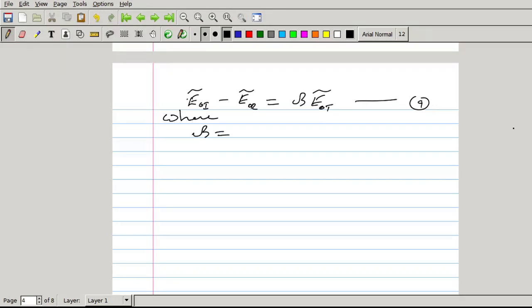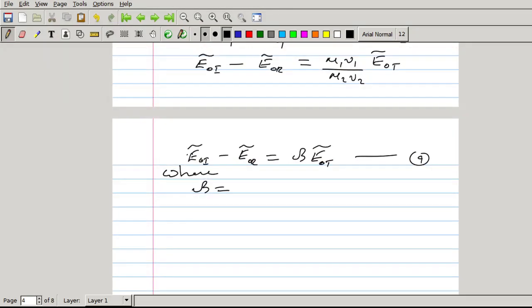Where beta equal to, what is beta? Beta equal to mu1 V1 by mu2 V2. For most of the media, mu is more or less the same, so I can take mu1 approximately equal to mu2. Before that, the velocity of a wave is c by n, so v1 equal to c by n1 and v2 equal to c by n2.